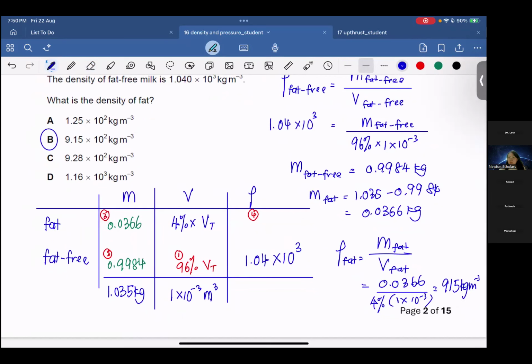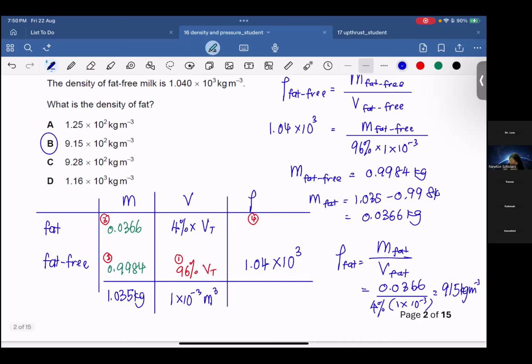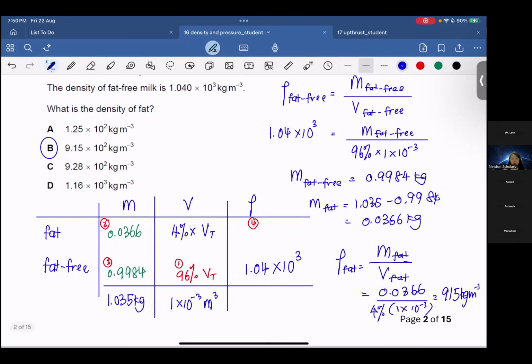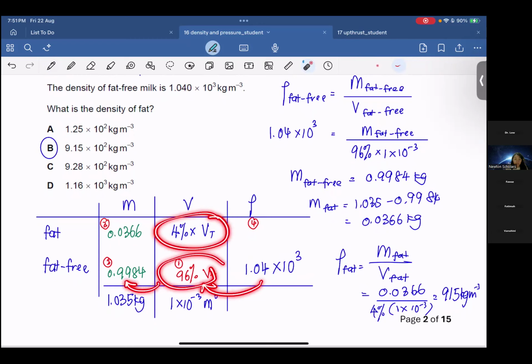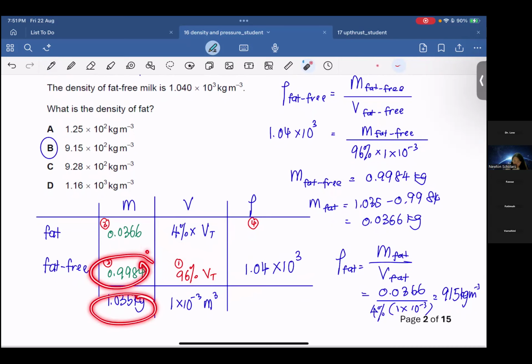Okay, let me have a look. So here, look at this. Is there any questions? You use the volume, and you can use the density to find back the mass. From the mass here, this is the total mass, then you find out the mass for the fat.